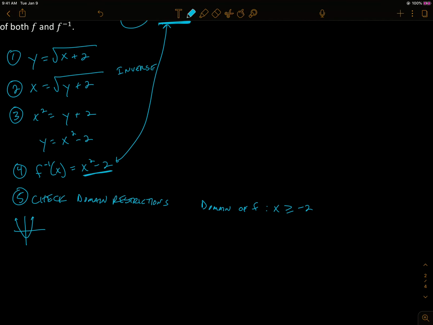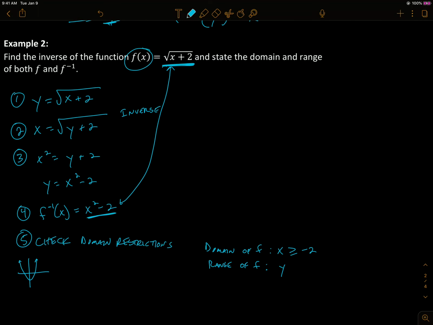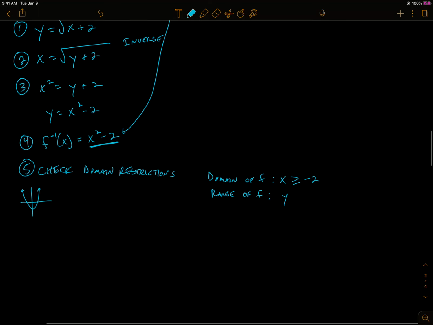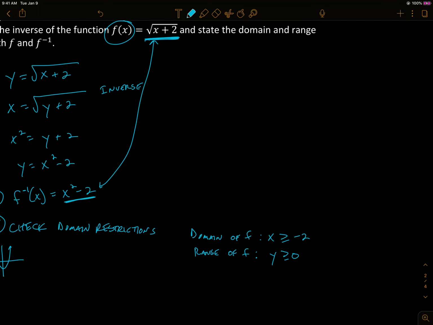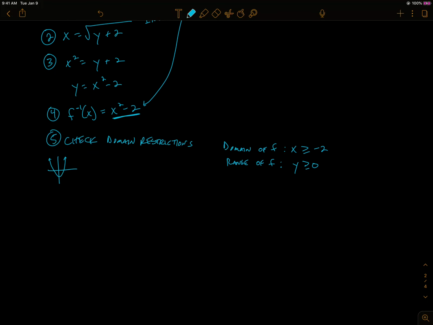The range of f is going to be any y values that are bigger than or equal to 0. Again, I don't want to get into how I came up with the domain and range. We can talk about that in class. But if you look at a graph of f, or you can just think about f, that's up to you how you figure that out.